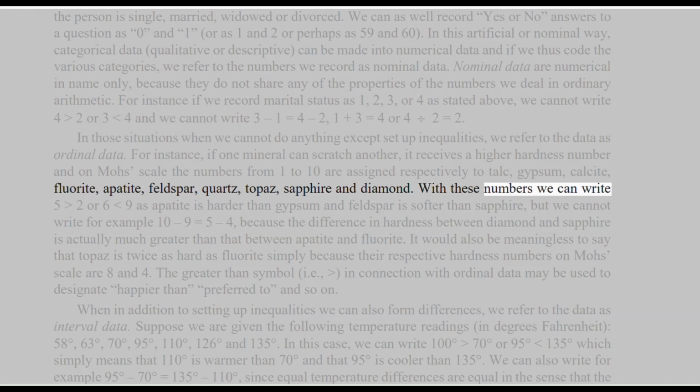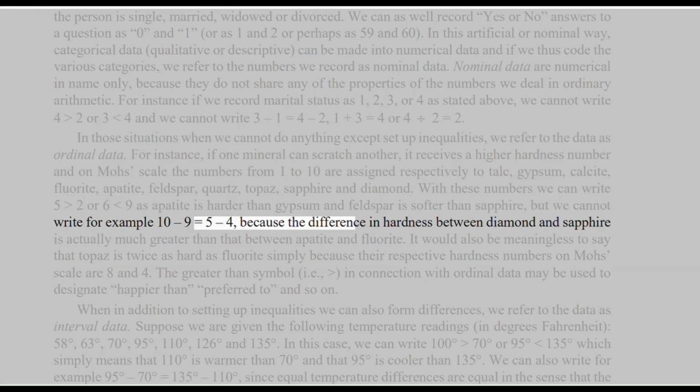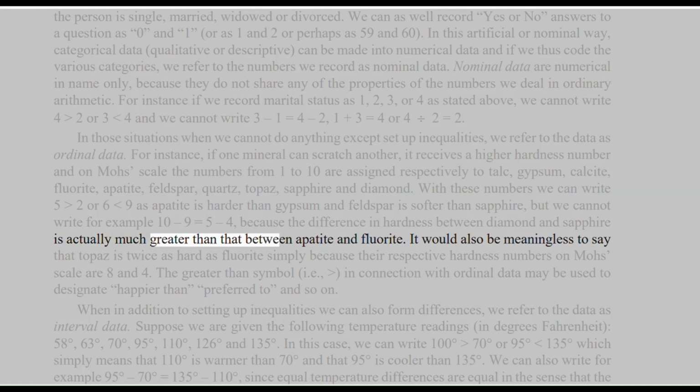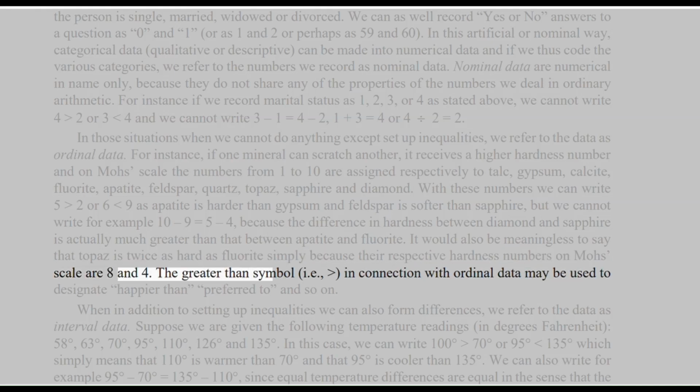With these numbers we can write 5 > 2 or 6 < 9 as apatite is harder than gypsum and feldspar is softer than sapphire, but we cannot write, for example, 10 to 9 is equal to 5 to 4, because the difference in hardness between diamond and sapphire is actually much greater than that between apatite and fluorite. It would also be meaningless to say that topaz is twice as hard as fluorite simply because their respective hardness numbers on Mohs scale are 8 and 4.